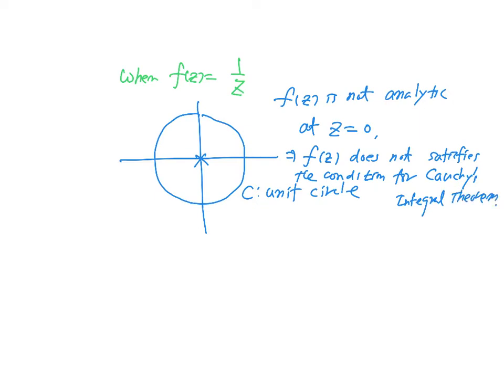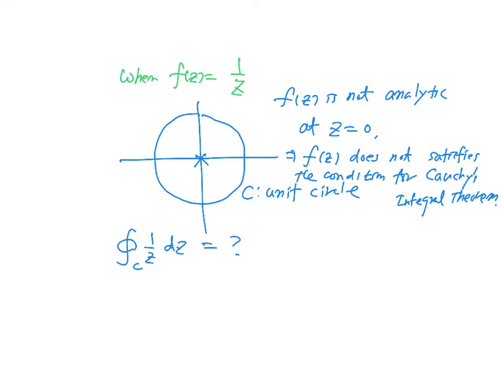The Cauchy's integral theorem requires that f(z) is analytic at every point in the region, but this function is analytic at most of the points, but not at the origin, right? So then, what is this value? It may not be 0, right? Because f(z) is now not analytic at the origin.